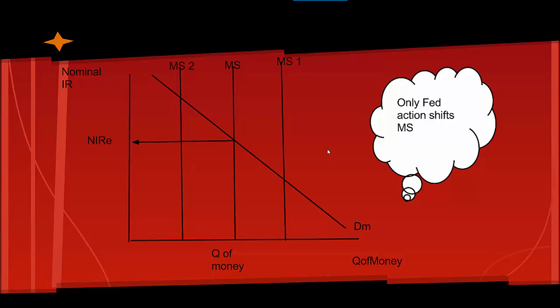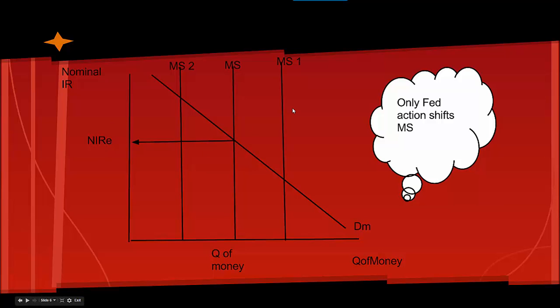It can happen, but the main changes in this graph would be from the federal action. Keep in mind that only the federal action can shift money supply. So, assuming this is equilibrium right here, ignore these two money supplies. You have your quantity of money equilibrium, and you have your nominal interest rate equilibrium.